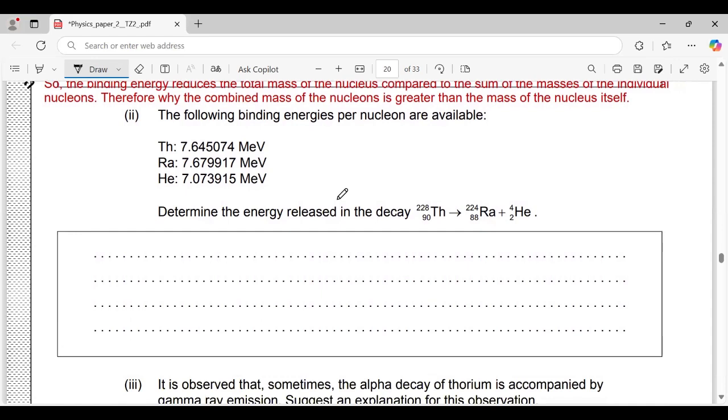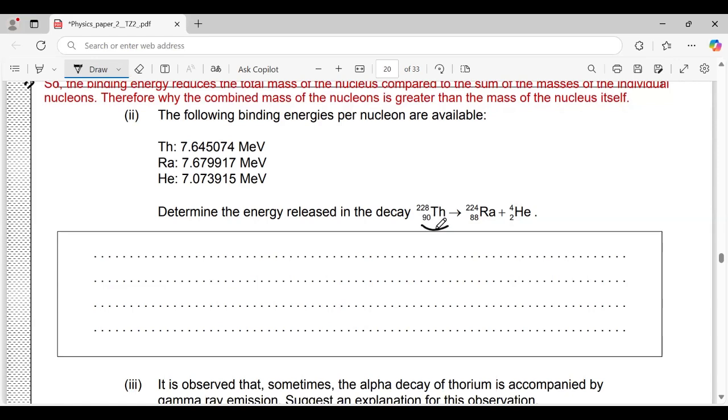Next, the following binding energies per nucleon are available: thorium, radium, and helium. Determine the energy release in the decay. Right. So the energy release we obtain by multiplying and then subtracting, between the initial energy and the final energy.